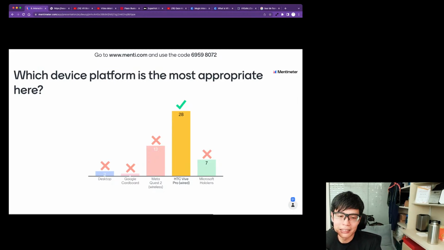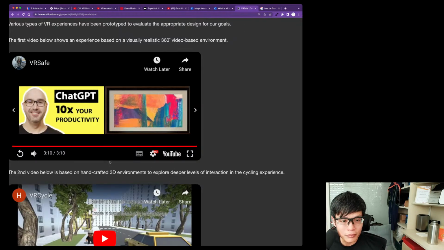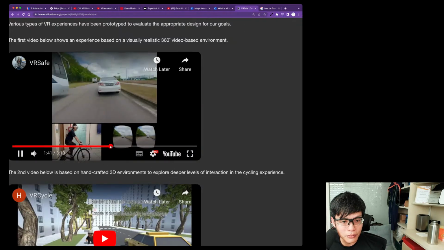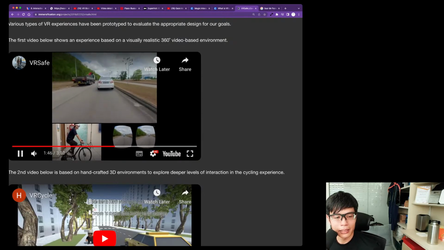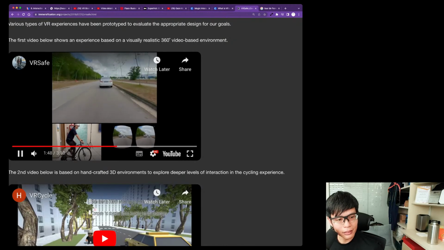The problem is that there are other things to be tracked in a cycling experience, like if you are tracking the actual motion of the legs, how the legs are paddling in circular motion, that's another thing to be tracked.